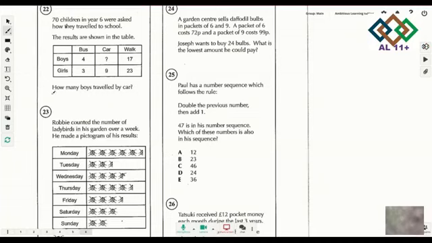You're just adding all of them up: 23 plus 17 plus 9 plus 3 plus 4, that gives you 56.